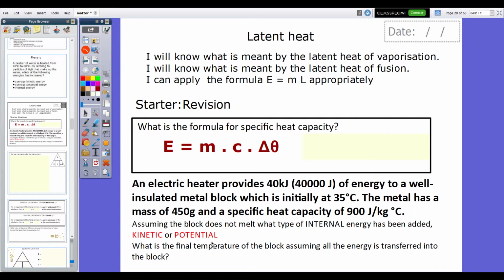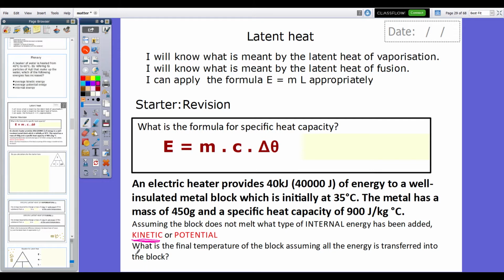There's no breaking of bonds, which is what is required to change a substance from a solid to a liquid, or a liquid to a gas, due to a change of state. If they were changing state, then that would be an increase in potential energy. When we're just increasing the temperature of the substance, that is an increase in kinetic energy. That's the kinetic part of internal energy.